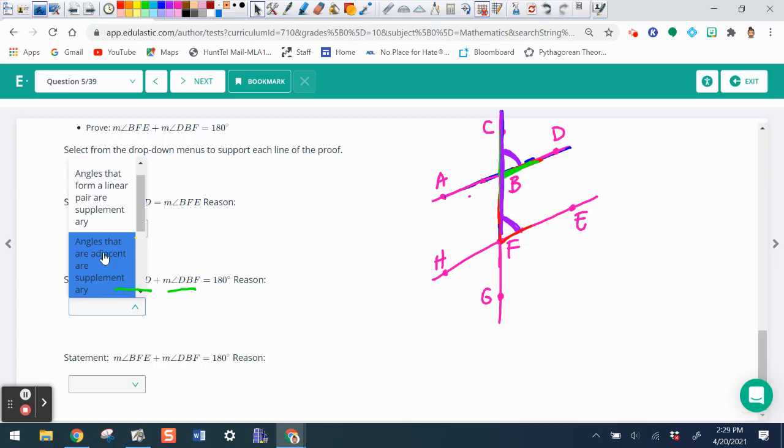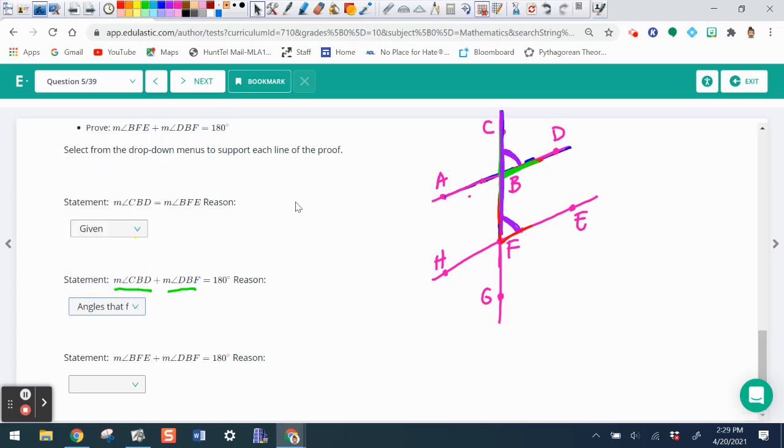Well, not all angles that are adjacent have to be supplementary. In fact, angles that are adjacent could be complementary. So angles that form a linear pair are supplementary. A linear pair refers to two angles that form a line together, and that's how we describe the measure of angles CBD and DBF.